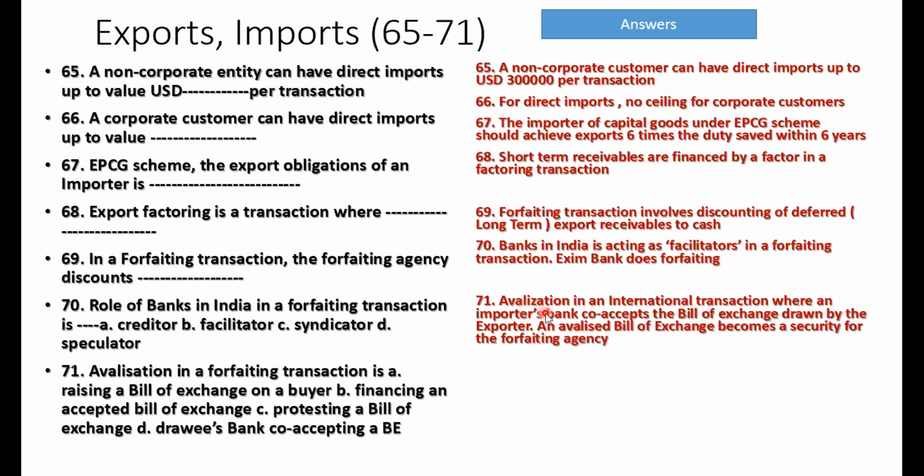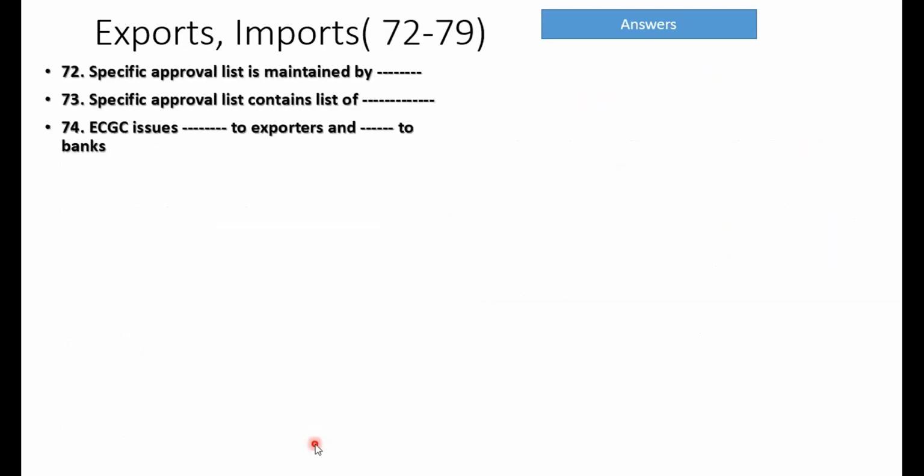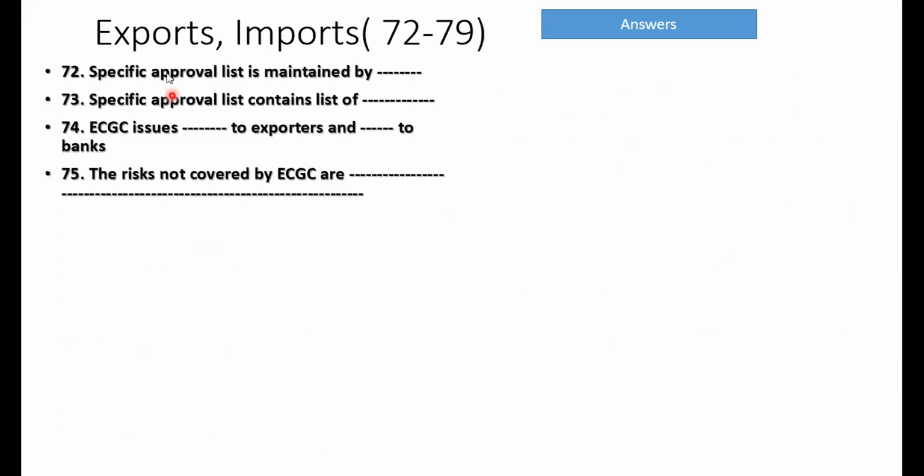When the word avalization is popularly used in international transactions, what does it mean? A buyer's bank accepts to pay a bill. That is avalization. All these are given to you just to be ready, as very often they are asking.